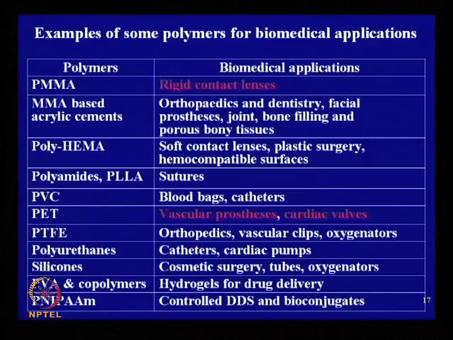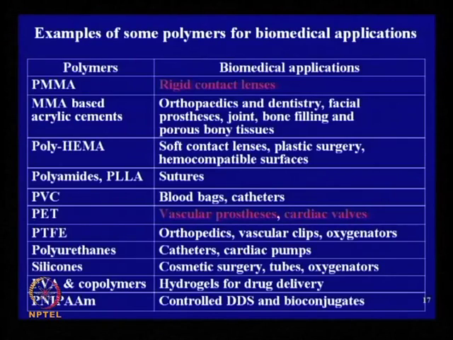Silicones, silicone is an inert material, silicone rubber. That silicone is used for making cosmetic surgery, say breast implant, or nose surgery, or finger joint, artificial fingers, these are made from these silicones. Okay.